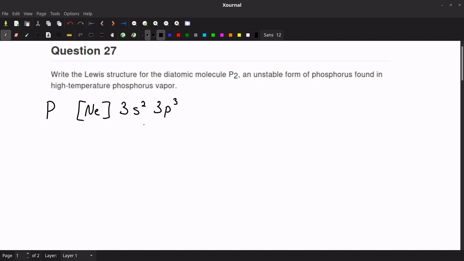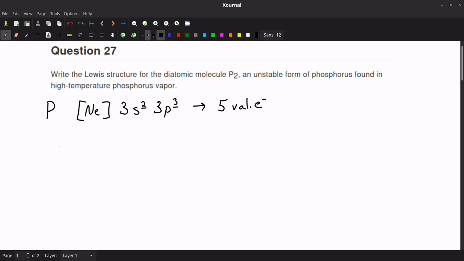To find the valence electrons, I look at the ones that have the highest n value. These are both 3, so they both count. I'm going to sum together these superscripts to come to the conclusion that there are 5 valence electrons for phosphorus. That's always going to be true for phosphorus, so that's just a fact that we know now.